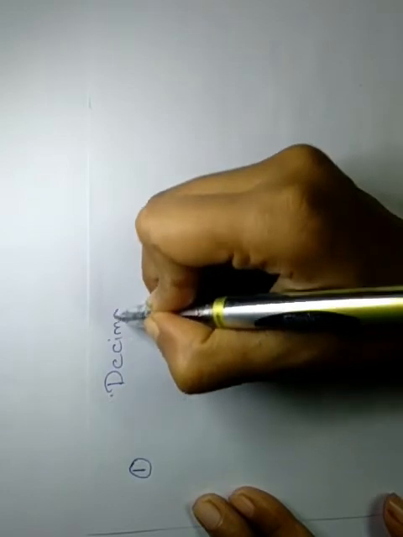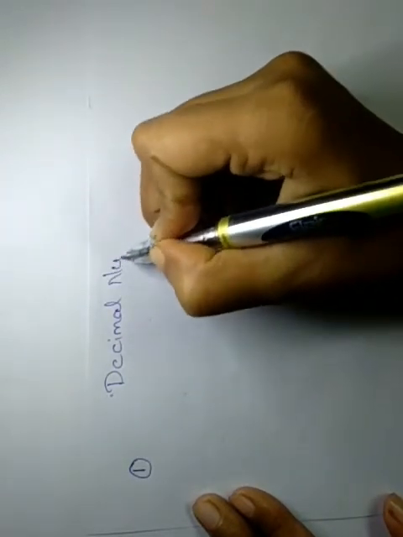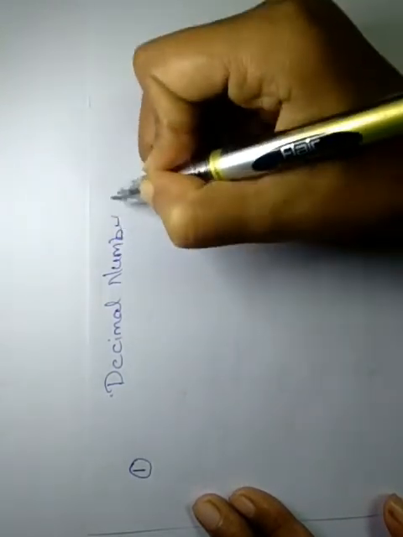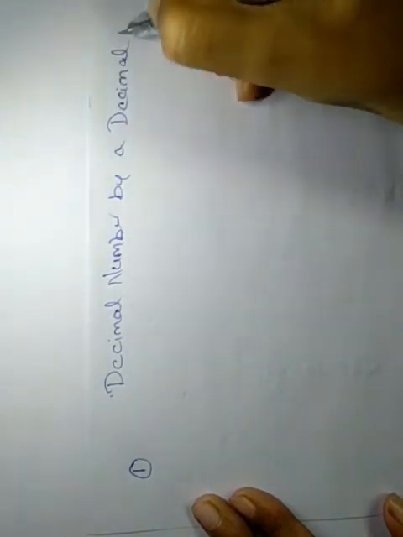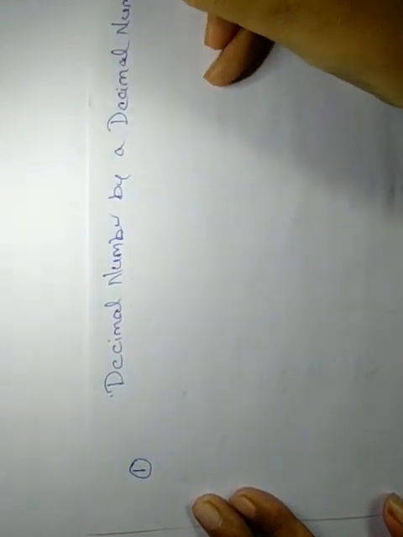Okay, next we'll know how to divide a decimal number by a decimal number. We'll take the first example. Here we'll learn how to divide a decimal number by a decimal number, right?